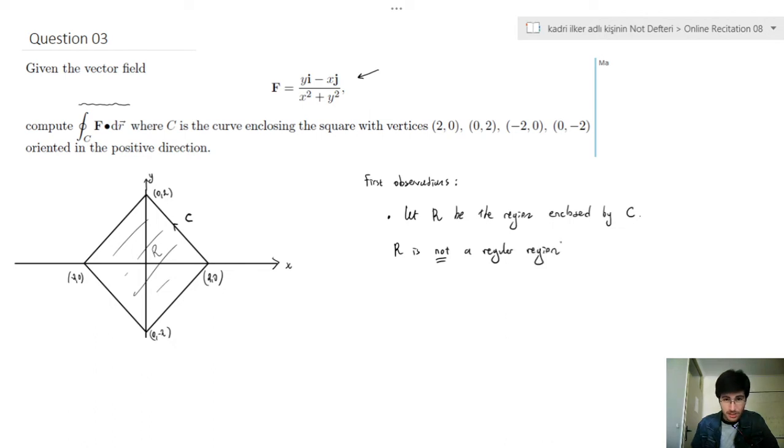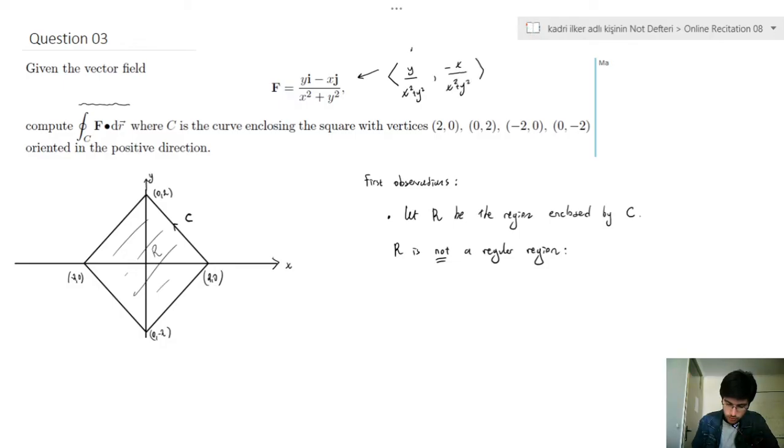So actually we cannot use Green's theorem directly. What does it mean? If you look at the vector field, maybe we should write it down like this. The first component is something like this, and this is the second component, x squared y squared.